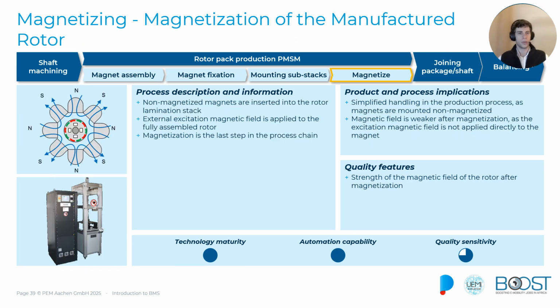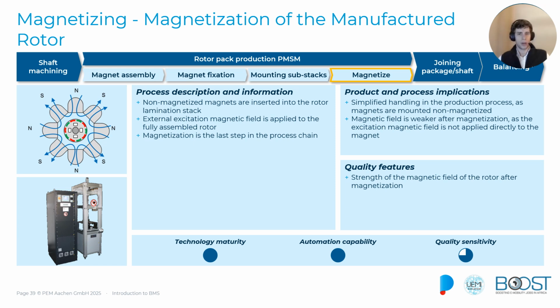The other option would be magnetizing the manufactured rotor. Again, a strong magnetic field is applied, aligning the domains within each magnet to achieve full magnetization. This comes with the advantage that the magnets are not active during the assembly, which makes the previous process steps easier.